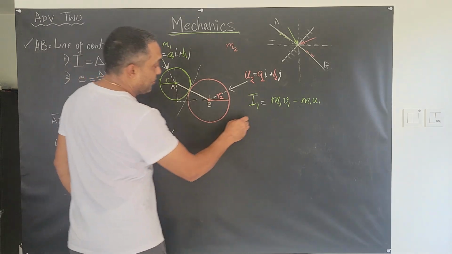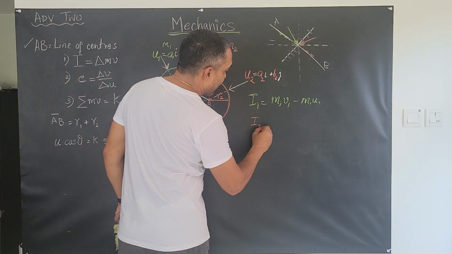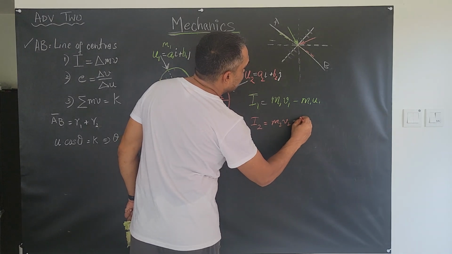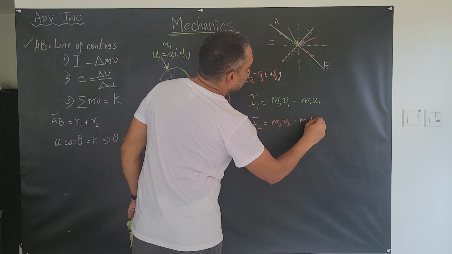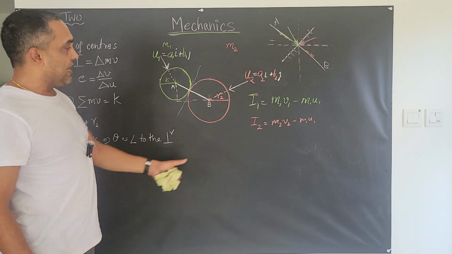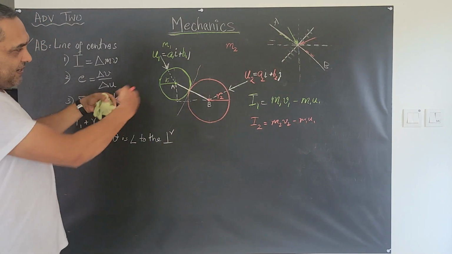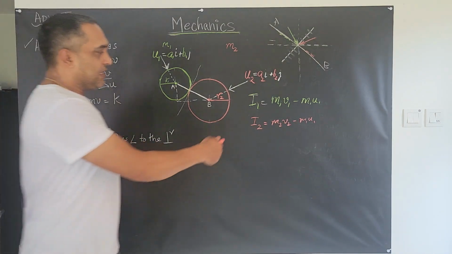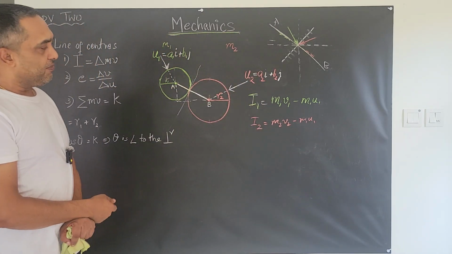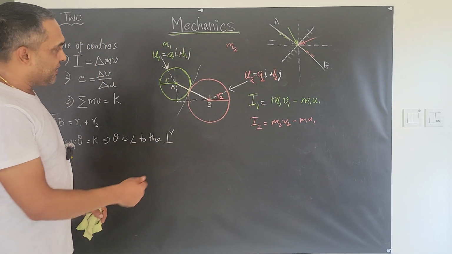Likewise for object two, you'd have a similar equation: impulse for object two is mass 2 v2 minus mass 2 u2. They typically like to have a vector involved because in these kinds of cases, you need a vector to get an idea of the direction. The directions of the velocity components, you've got to be very careful with. So that's a very easy one.